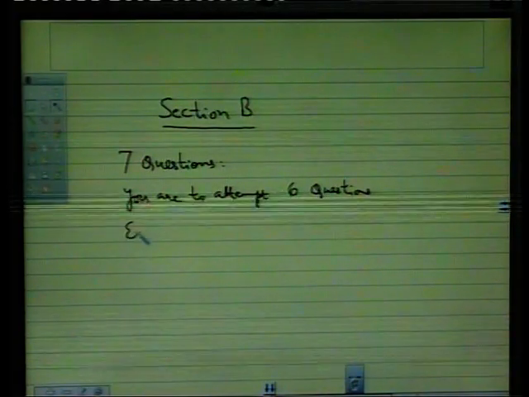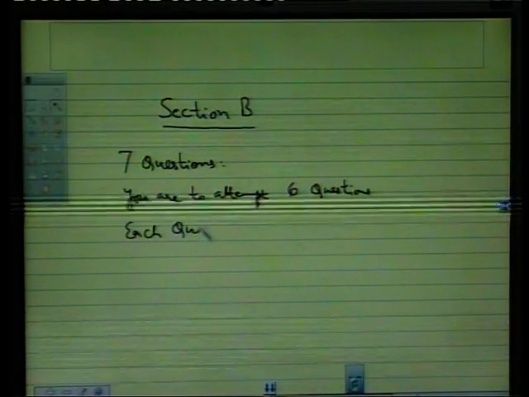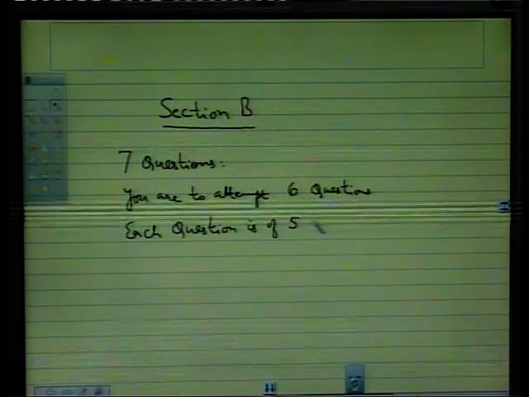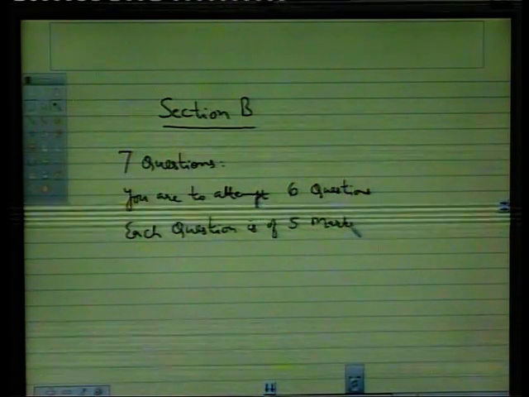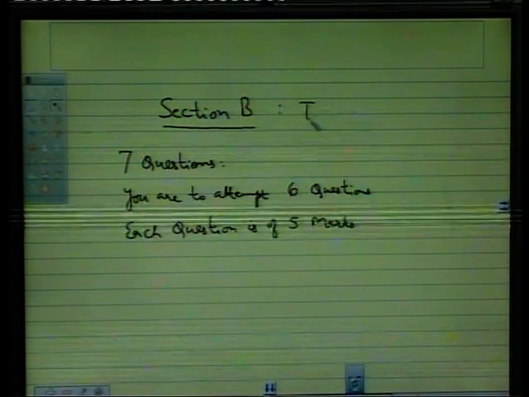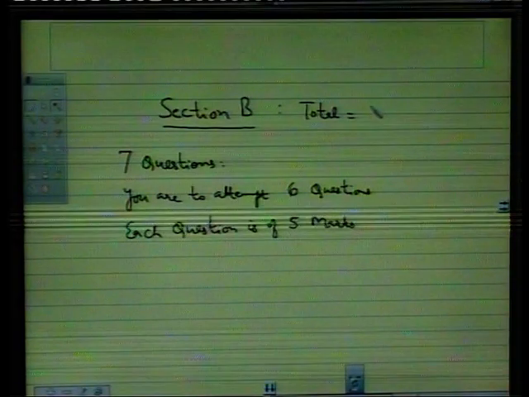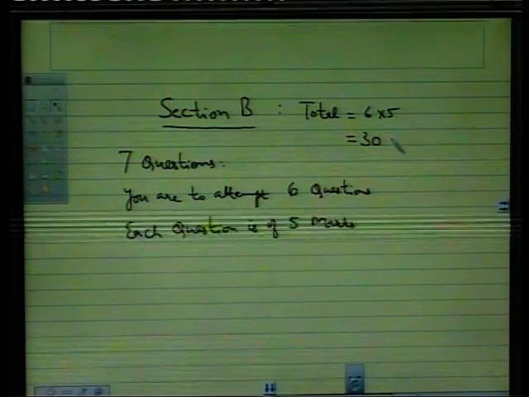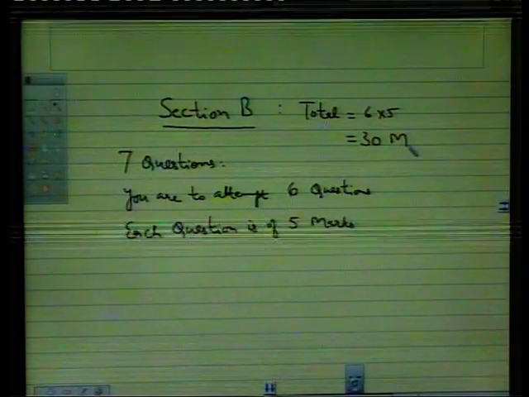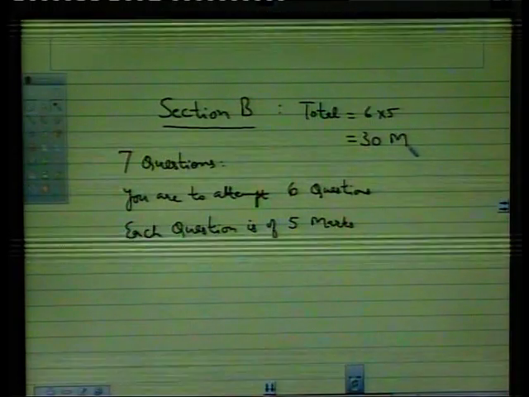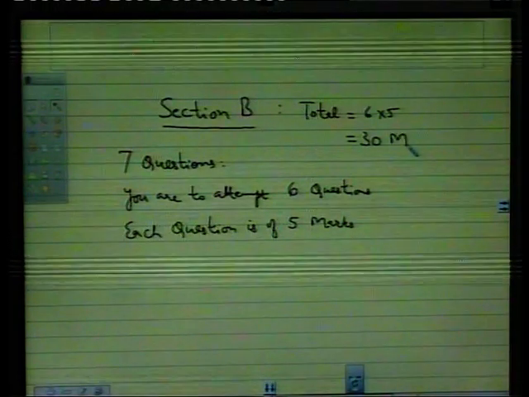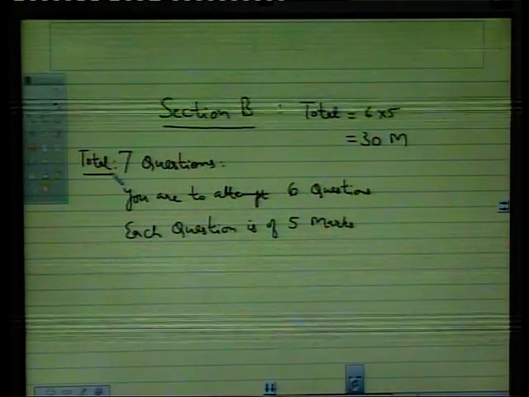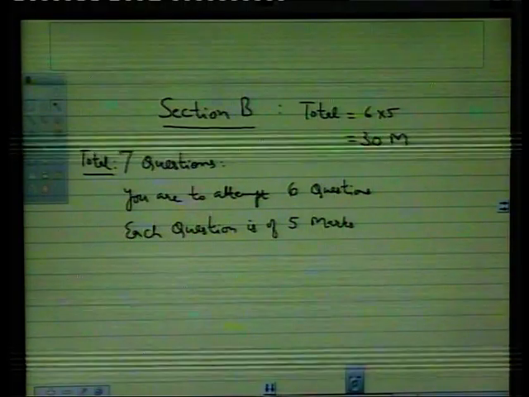Each question is of 5 marks, hence section B is total 6 into 5, that is 30 marks. Section B is of 30 marks, total 7 questions. Out of these 7 questions, you are to attempt 6 questions.